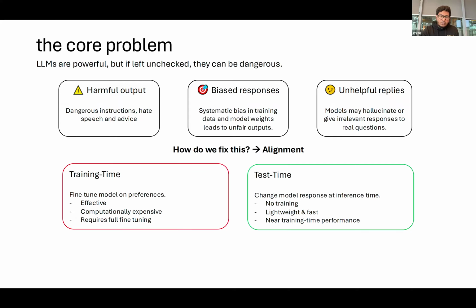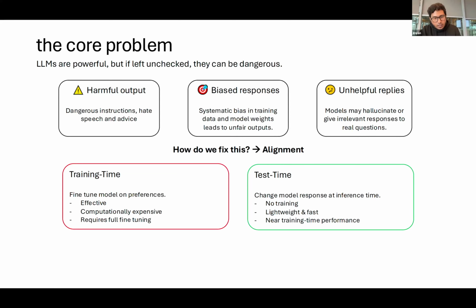The gold standard way of fixing this is to align the LLM. For aligning LLMs, the traditional method is training time alignment, where we fine-tune the LLM with reference data. This works really well. It is very effective in terms of most dataset benchmarks and real-life scenarios.